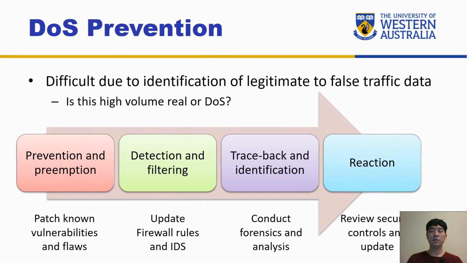Okay, so to prevent denial of service attacks, this is quite difficult because identifying legitimate traffic out of attack traffic is quite difficult to do. If you think about traffic now being encrypted, that makes it extra hard for us to find out. So you may be faced with the question: is this just normal, legitimate traffic in high volume, or is it actually an attack?